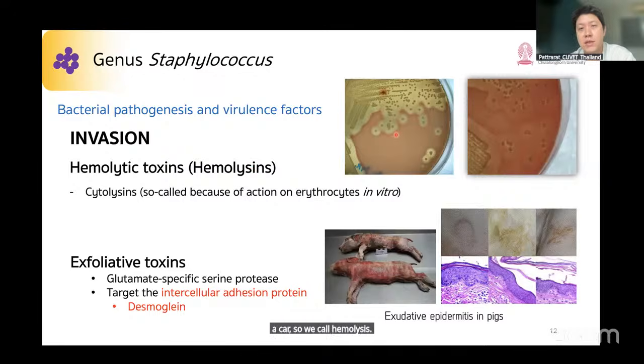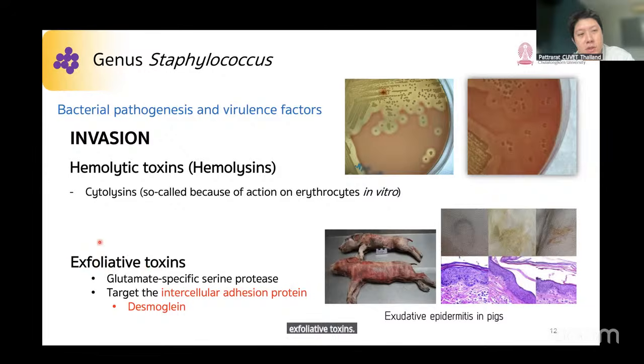This is complete hemolysis or beta hemolysis, and this is partial hemolysis or alpha hemolysis. And in some staphylococcal species, such as aureus and hyicus in pigs, they can produce exfoliative toxins.